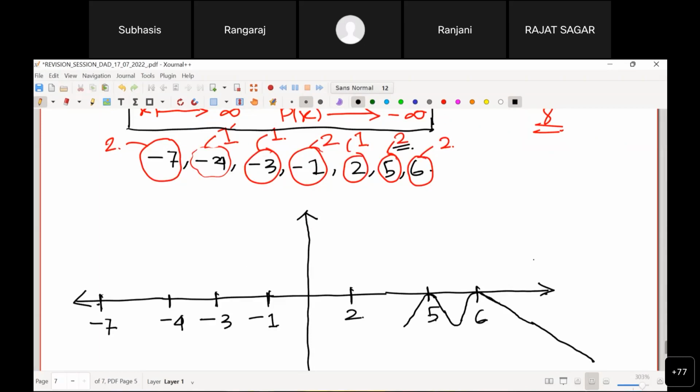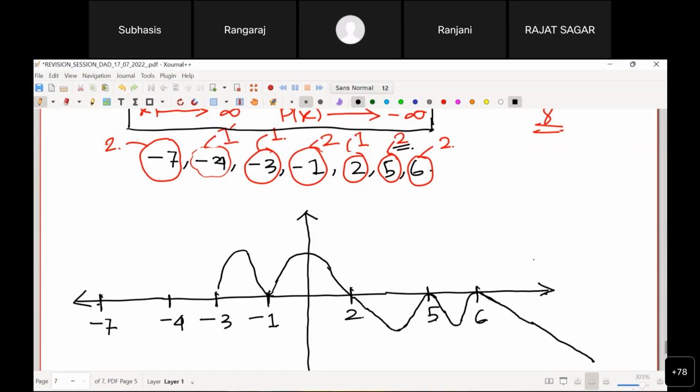Then it will go towards 2, and the multiplicity of 2 is odd, 1. So it will cross the x-axis. Again, it will come towards -1, and the multiplicity of -1 is 2, so it will bounce back. Then it will come towards -3.